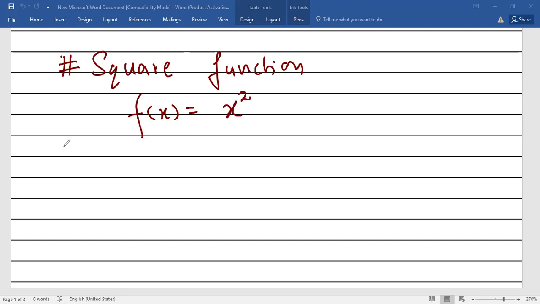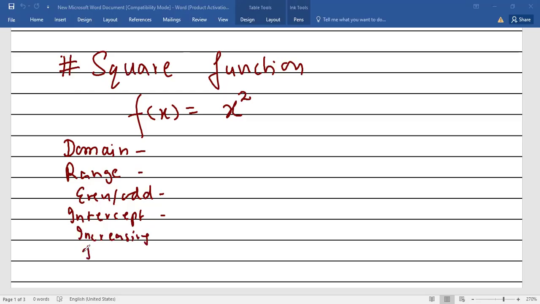What do you know about this function? What can you tell about the domain, range, whether it is an even function or odd function, what are the different intercepts, whether it is increasing or decreasing? Can you tell me?